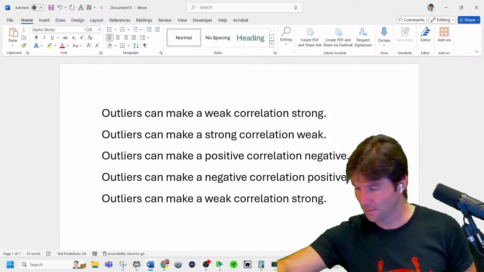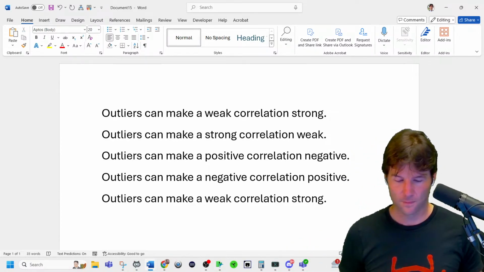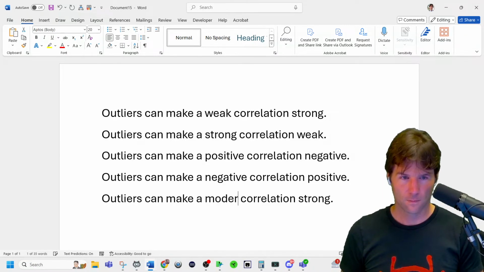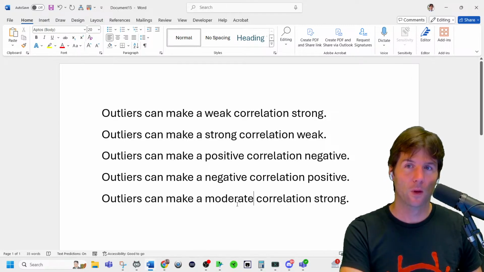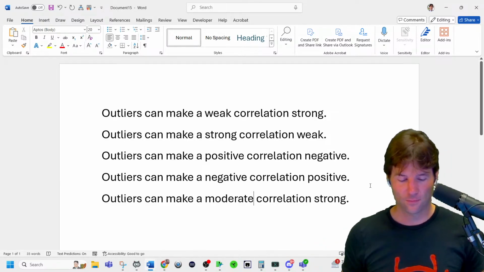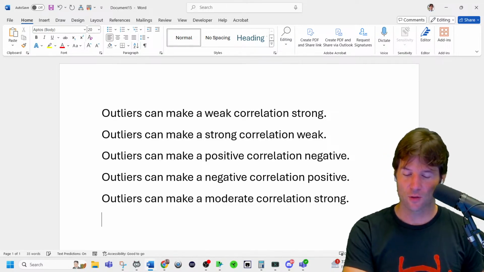How many of them are true? Anything is possible! Yes. All of them. When it comes to correlation, outliers can do anything. So all of these are true, but how about this?